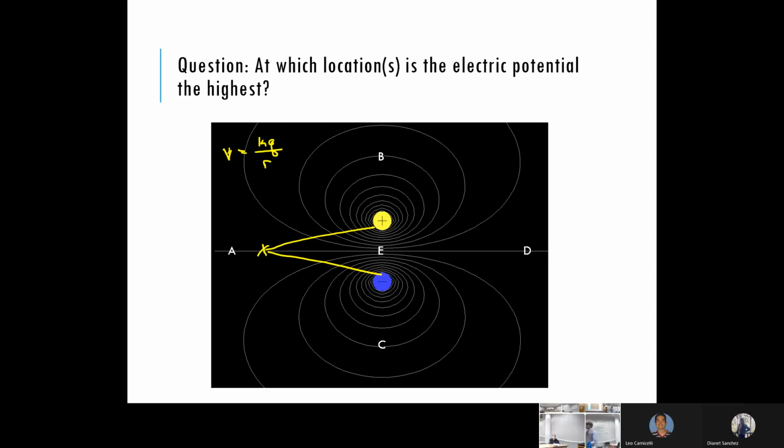Now, bear in mind, when you're doing it in a lab, you'll be able to say, okay, this line is at 5 volts. This one's at, as you map out, you'll say, okay, well, let me find the positions in space where it's 10 volt difference and draw it out. So you'll have actual numbers for each of these equipotential lines. And so you can actually do a little bit more.